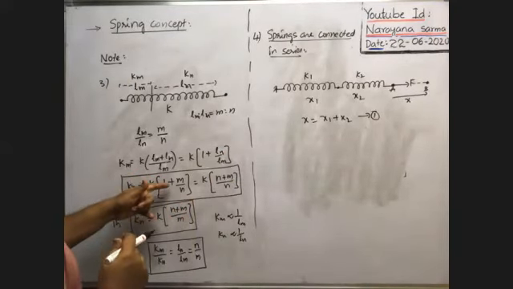Lm by Ln is equal to M by N, so Ln by Lm means N by M. Very good. When you take the LCM, you will get M plus N, and in this case you will get this equal to N. Okay, very good.